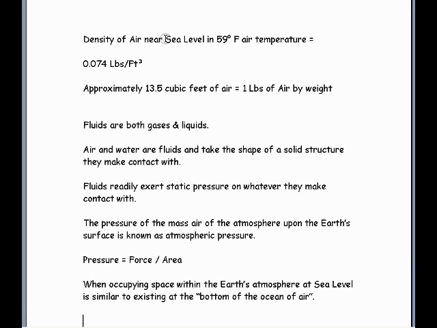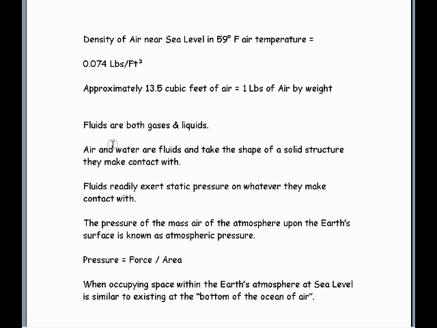In other videos, I have the atmospheric pressure formula and the air density formula. You use them together, and then you can accurately calculate the density of the air at any elevation up to 36,089 feet and any temperature range in the Fahrenheit scale. But this is approximately what you have for the density of the air, the weight by the given amount of volume. So it's about 13.5 cubic feet of air is 1 pound by weight.